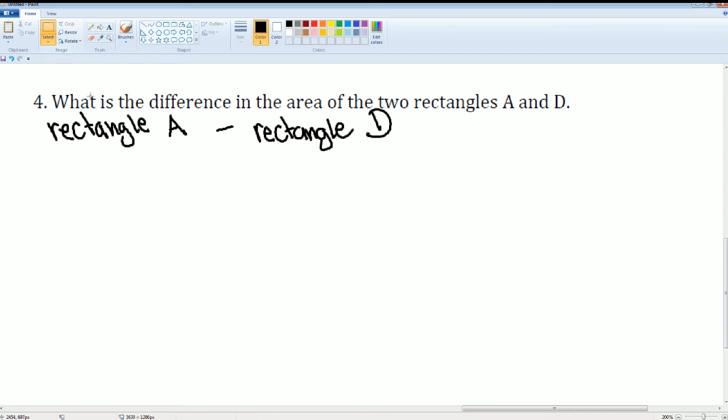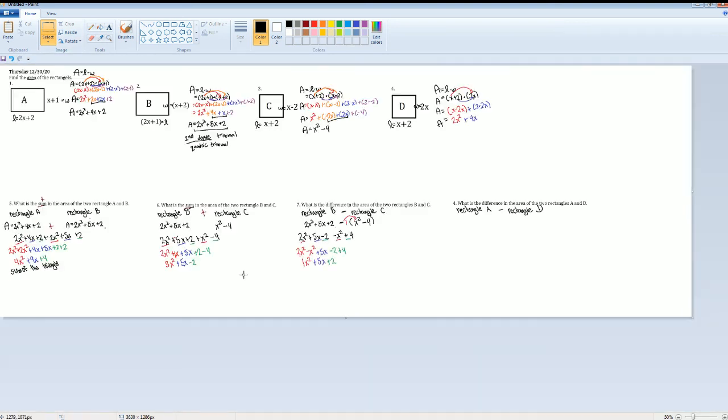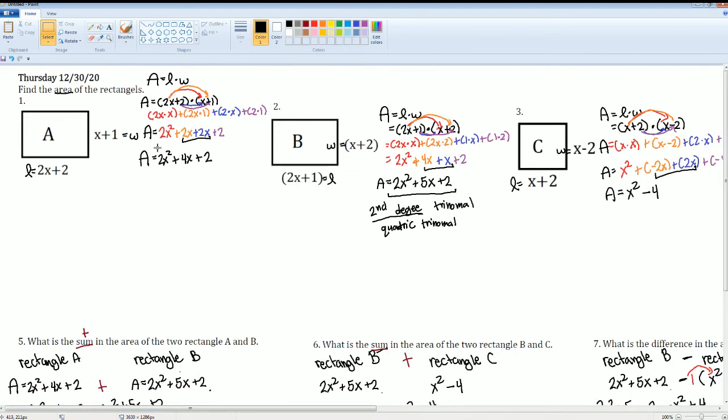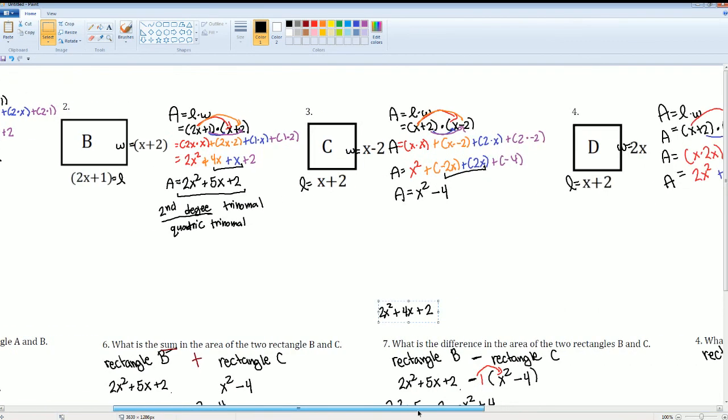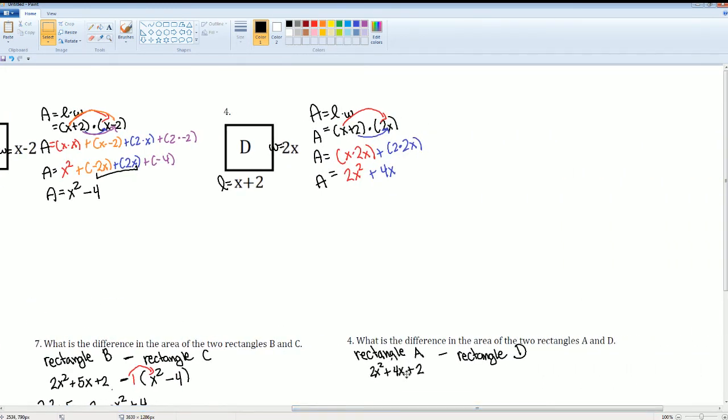All right. So, rectangle A, let's find that out. Was this area? Let's just bring it down here so we can work with it. And rectangle D is right here. Let's see if I can grab the whole thing. Hopefully, yep. Sweet. Okay, there it is.